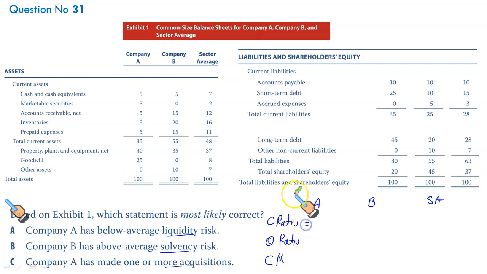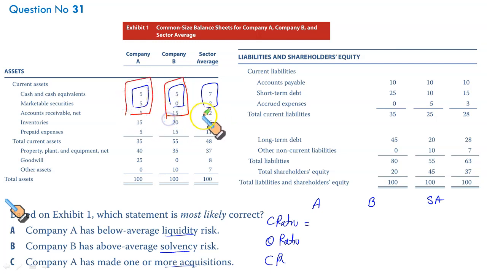For Company A, the cash ratio is 5. Let us mark these. This blue will represent the cash ratio. When we add the accounts receivable as well, it will give you the quick ratio. It must be given a separate color, let's say a red one. And then in the current ratio, we will take all, the black one.